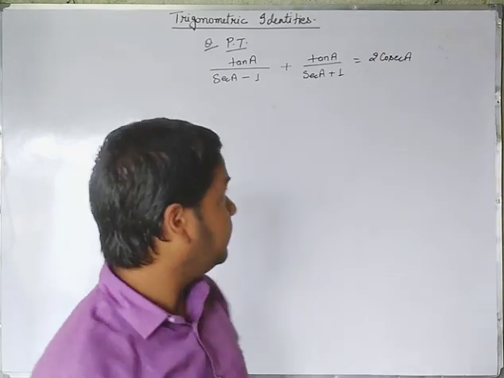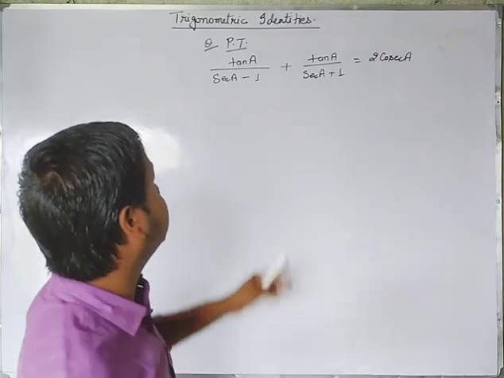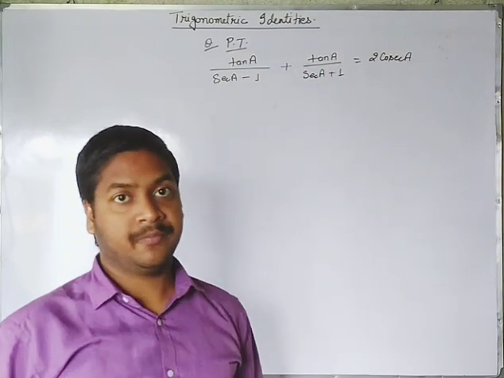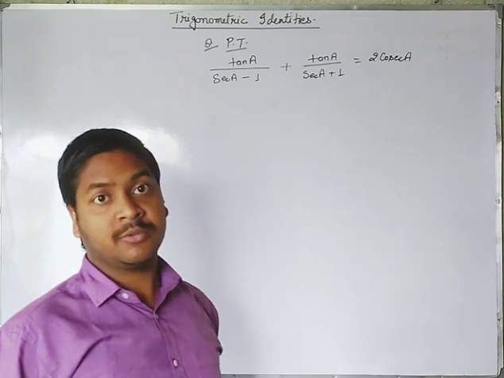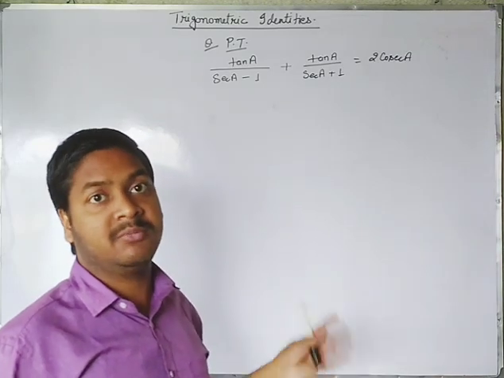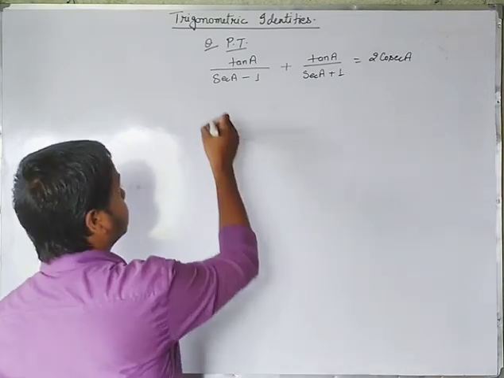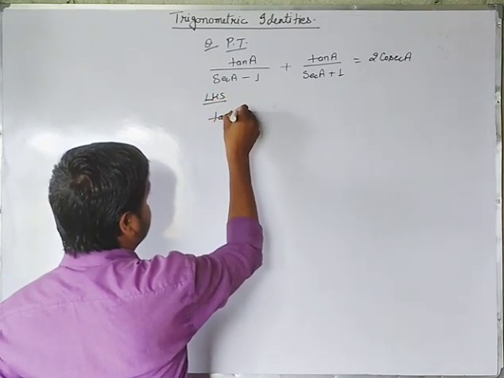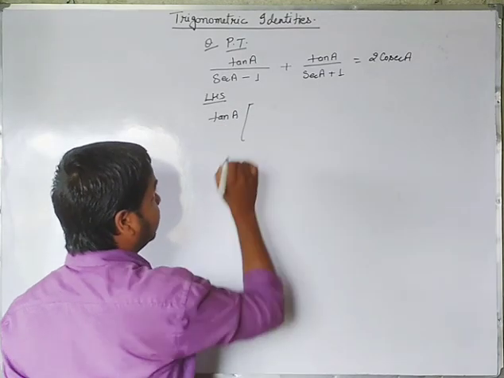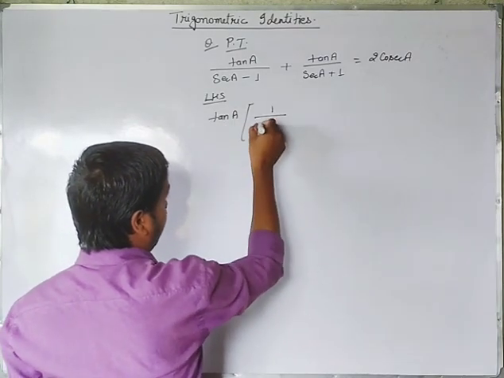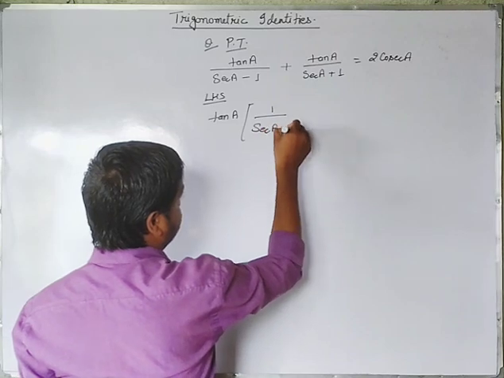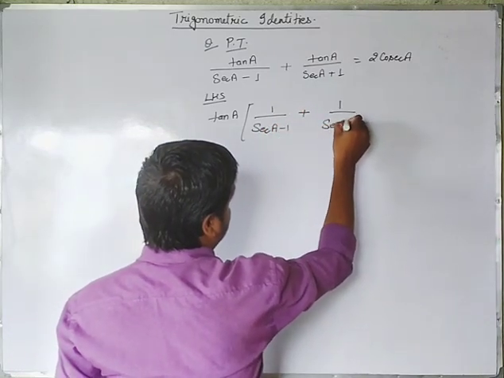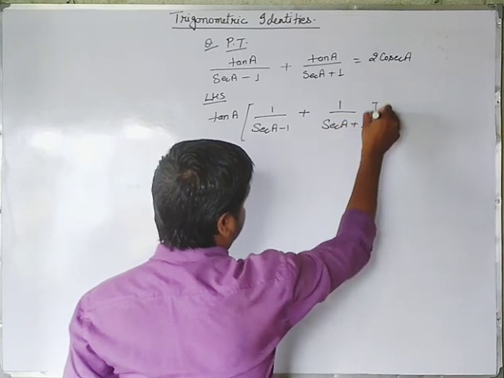Simple way: in the LHS part we can take tan A as common. If we do not take it, it will still be easier, but if we take it, it will become more easy. So in the LHS, I will take tan A as common. Then what we will have in the bracket is 1 by (sec A minus 1) plus 1 by (sec A plus 1).